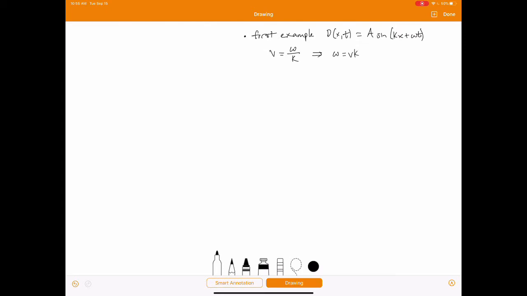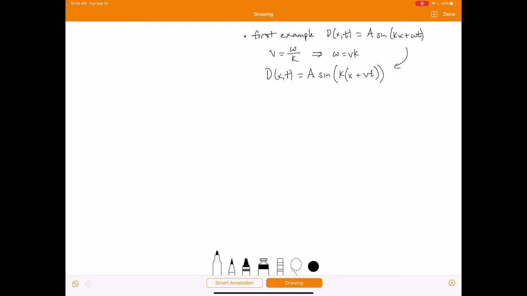If I plug that in for omega in our original expression, we have d of x and t equals A times sine. I have an overall factor of k that I can pull out. Then I'll have x as my first term. For omega, I'm replacing that with v times k, but I pulled the factor of k out, so I just have the factor of v here, and that multiplies t. That's how we can rewrite this equation.